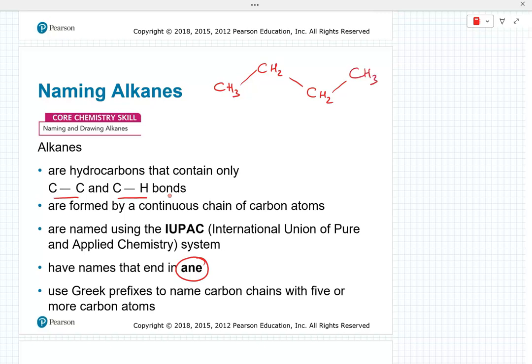Okay? This representation, I hope, makes sense for everybody. When we draw a line angle formula, we imply that at the end of a line or at an angle, there's a carbon.